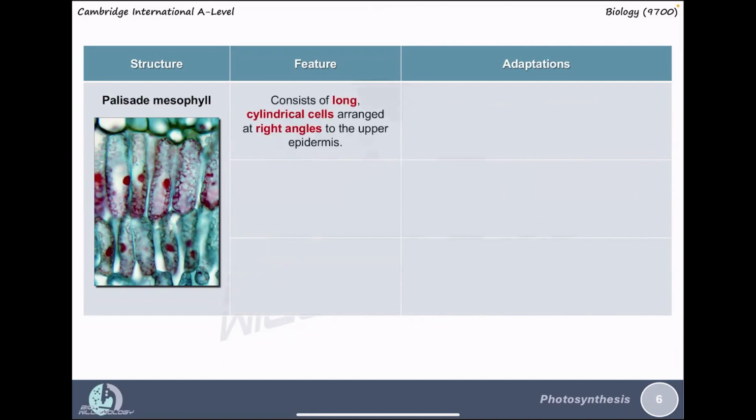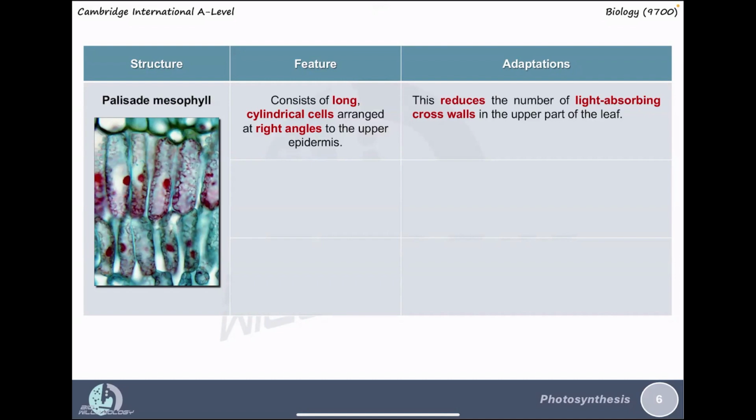First of all, they are long cylindrical cells arranged at right angles, or perpendicular, to the upper epidermis. Being long cylindrical cells at right angles definitely reduces the number of light absorbing crosswalls in the upper parts of the leaf.